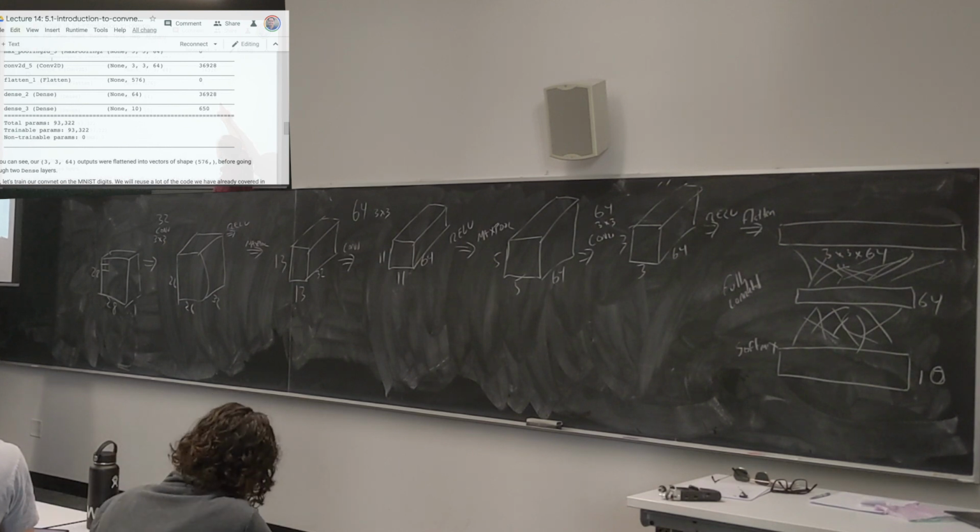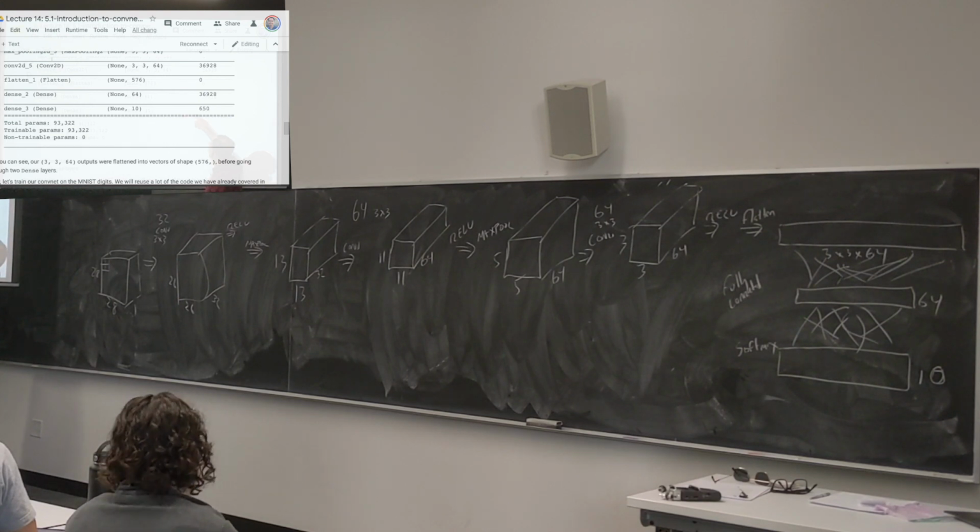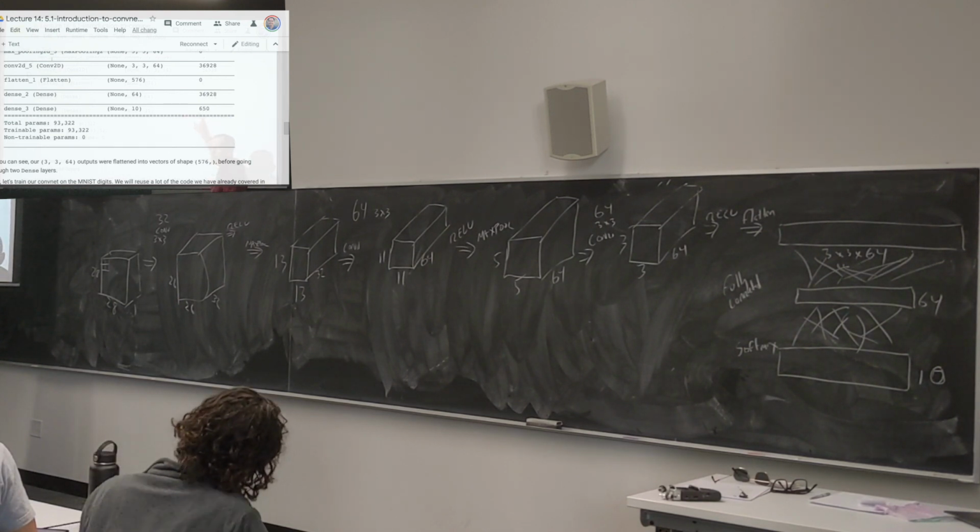Let's think about that. We have 3 by 3 by 64 coming in and 64 going out. Let's see if that makes sense. 64 is 2 to the 6th, times 64 is 2 to the 6th, so 2 to the 12th. So that's about 4,000 times 9, which is 36,000. So it just happens to be the same value as we have up there. And then from 64 to 10 is 650. Why not 640?